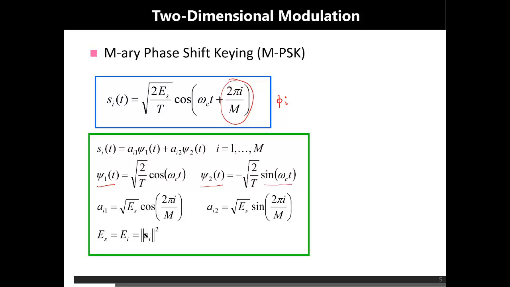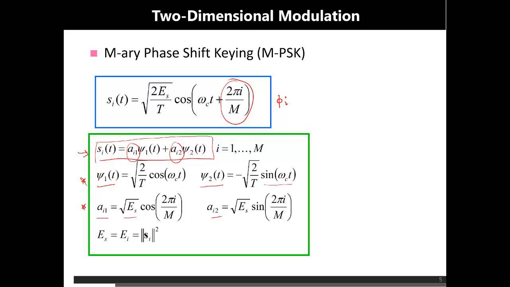These are two completely orthogonal basis functions, and each of the transmitted waveforms, for i equal to 1 to capital M, can be represented by a linear combination of these two basis functions using this particular equation, where a i1 and a i2 are the weights, specified here. By combining these weights and the two basis functions, you can come up with the ith transmitted waveform corresponding to M-ary phase shift keying.